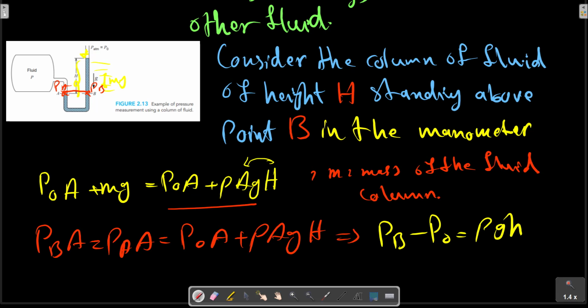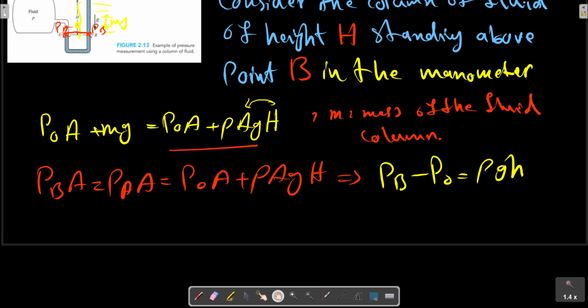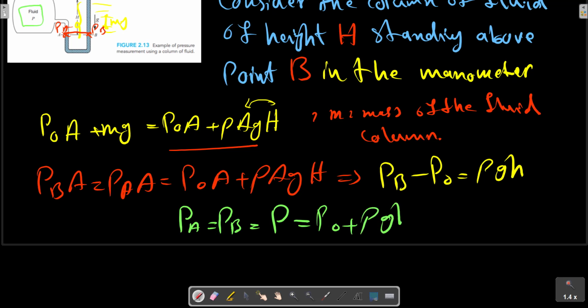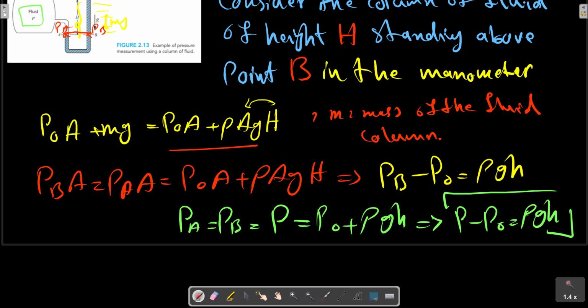As we said, overall we have PA equals PB equals the pressure of the fluid, equals P0 plus rho g H, or the difference is rho g H, the gauge pressure of this tank, for example.